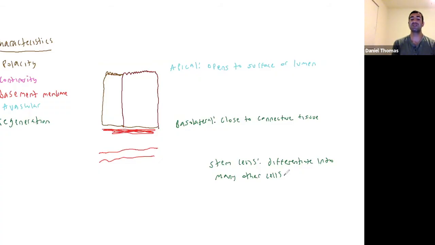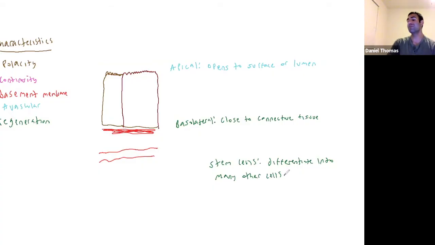But epithelial cells, they may not be able to undergo mitosis, but usually there's a layer of actively dividing stem cells beneath them. For example, the very first layer of the epidermis is made up of stem cells that keep on dividing and keep on turning into, or differentiating into skin cells, more or less.